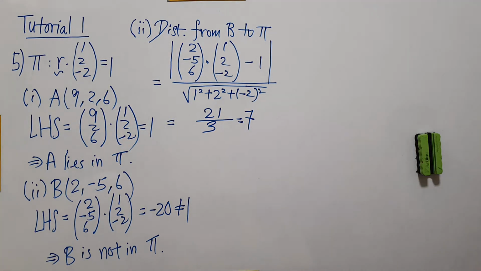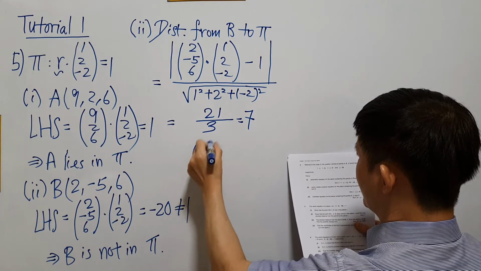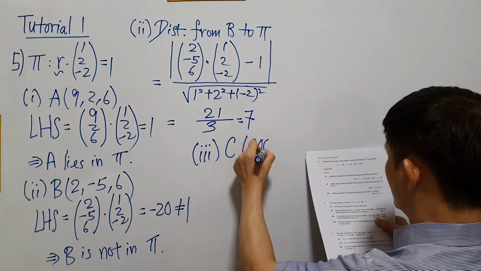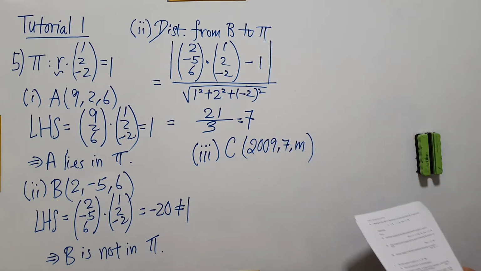In part 3, you are given a point C, and C has these coordinates (2009, 7, m), and you know that the distance from this point to the plane pi is 26. And now in this case, you want to find the value of m. So we do the same thing.